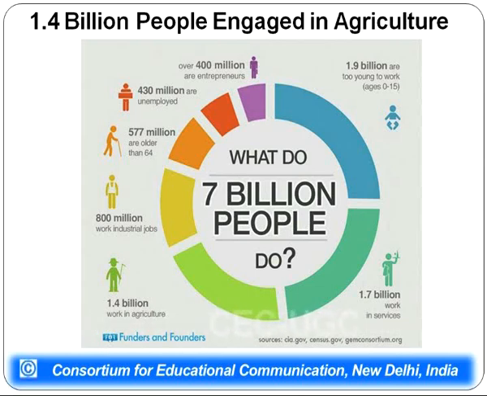So, this is the broader distribution within the 7 billion people living on this earth.